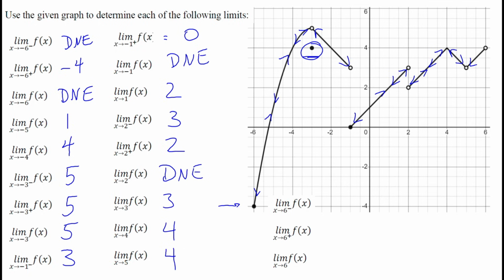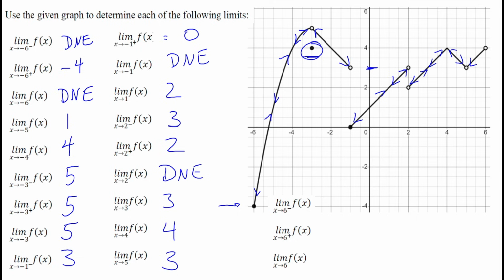And just because there's an open circle there doesn't mean that that limit doesn't exist. As we approach 6 from the left, we're going back to, that y value there at 5 was 3, not 4. Just misreading my graph here. That's 3 here. So the limit as x approaches 5 of f of x is 3.